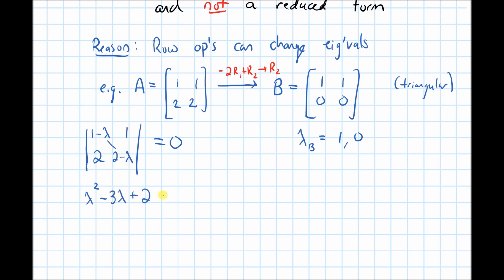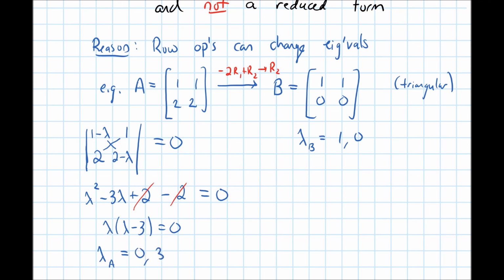Then I subtract the product of the other two opposite diagonal entries, the 1 and the 2, which gives minus 2, and this equals 0. The 2's cancel, and I can factor out a lambda to get lambda times lambda minus 3 equals 0. At this point I know the eigenvalues of A, which I'll call lambda sub A: they are 0 and 3.